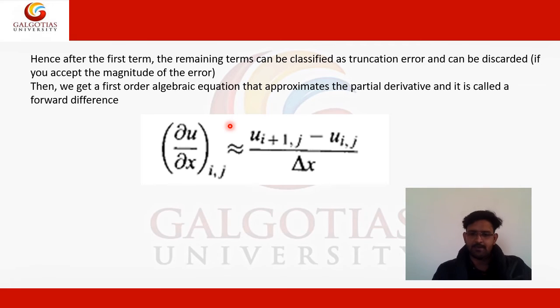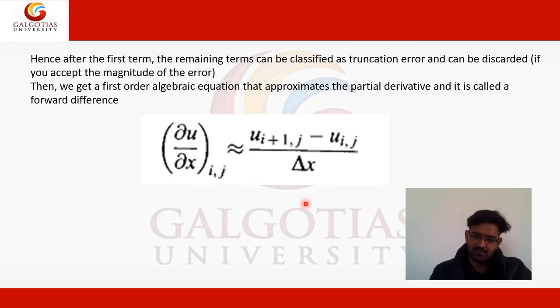So you have an idea that I can write del u by del x at (i,j), not equal to, but equivalent to u(i+1, j) minus u(i,j) upon delta x. Why is it equivalent? Because we have not considered the other higher order terms that were involved in the Taylor series, so we have neglected them.